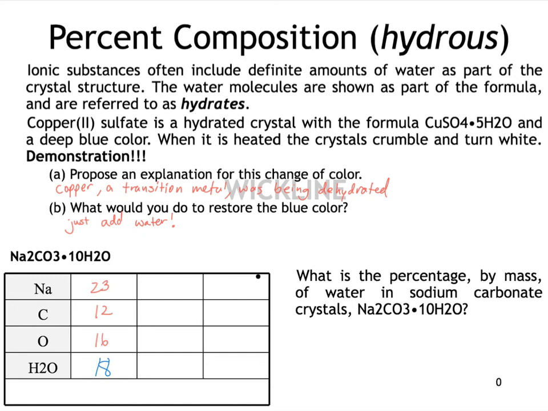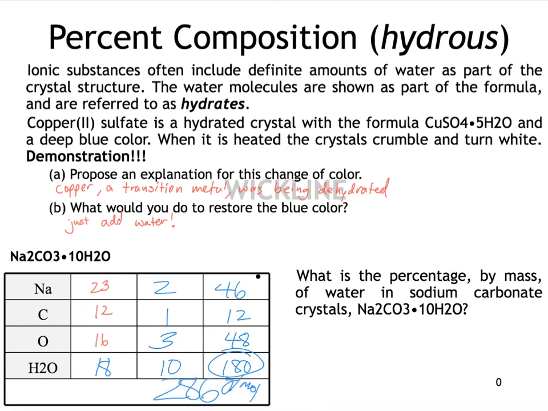And we have, let's see, 2 sodiums, we have 1 carbon, 3 oxygens, but we have 10 waters. So when you multiply those to get mass contributions, you get 46, 12, 48, and 180. So there is a lot of water in this compound compared to the other parts.